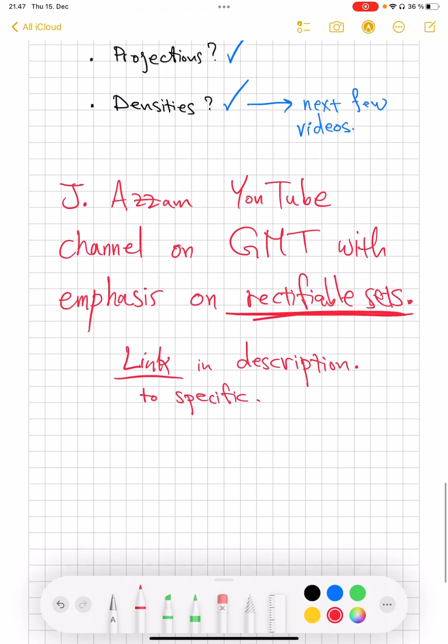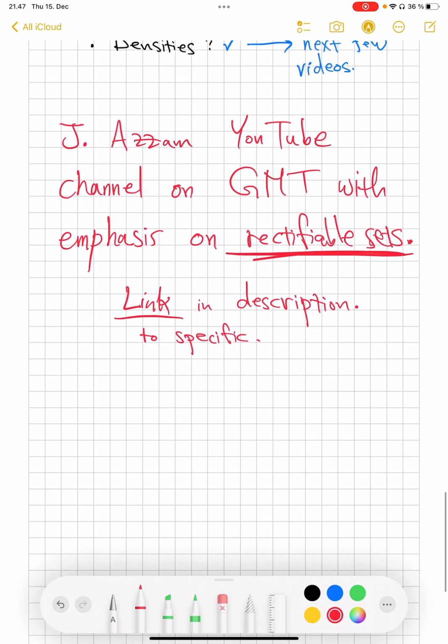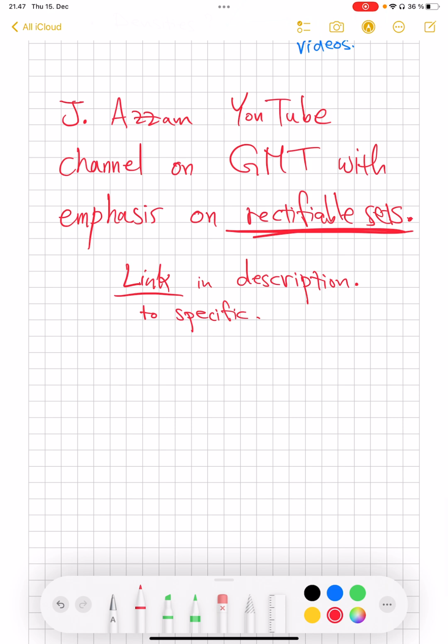So I have been aware of these videos for a long time, and I've watched many of them myself. So my goal here will be to avoid too much overlap with his. If he's done and covered something really nicely, then I wouldn't dare to redo it, and there's no need for such a thing.